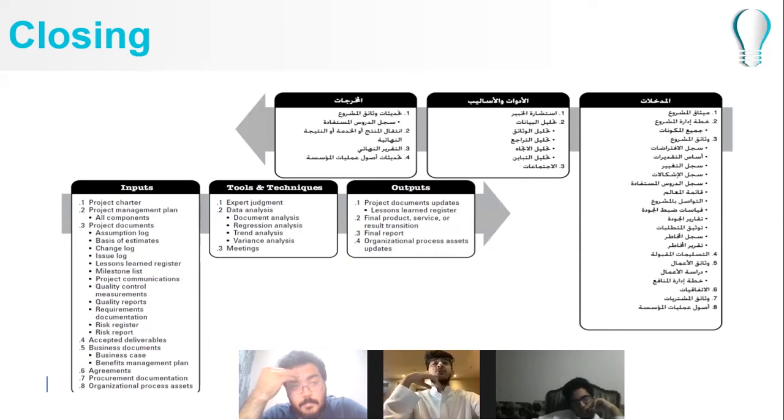And we get the output from here: the project documentation updates and the final product, our survey and our result. If we do this in real life, organizational process assets are updated, covering the budget and changes to the cost.